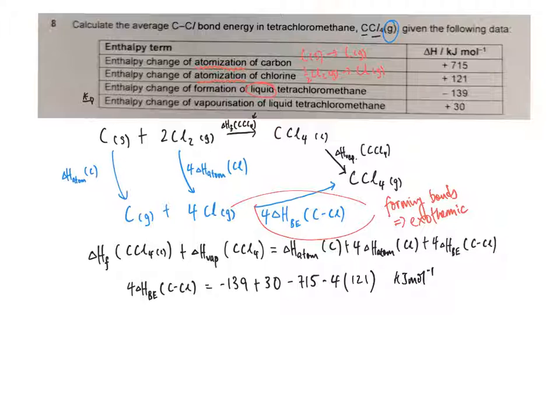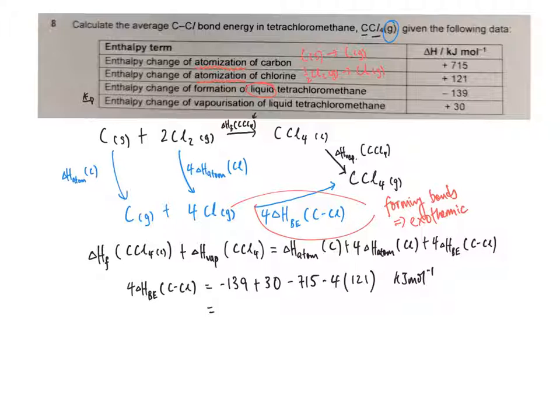Right, so let's plug that number into a calculator. So minus 139 plus 30 minus 715 minus 4 times 121.